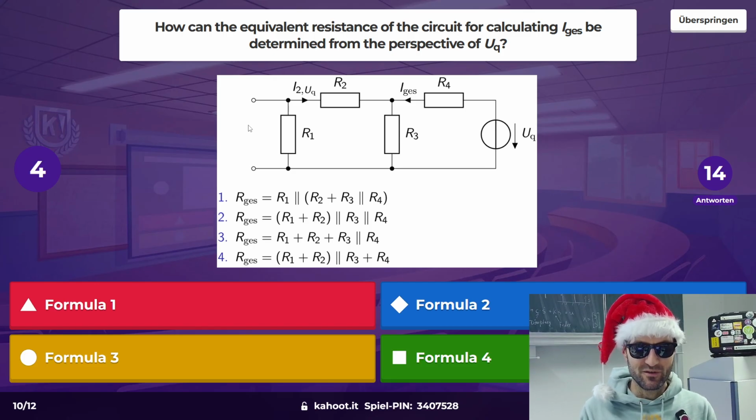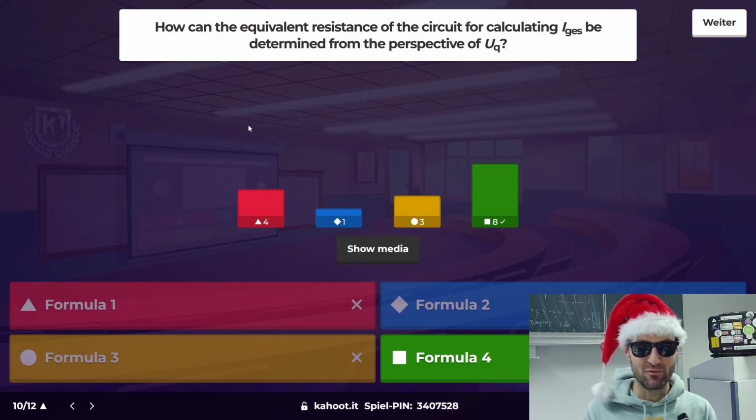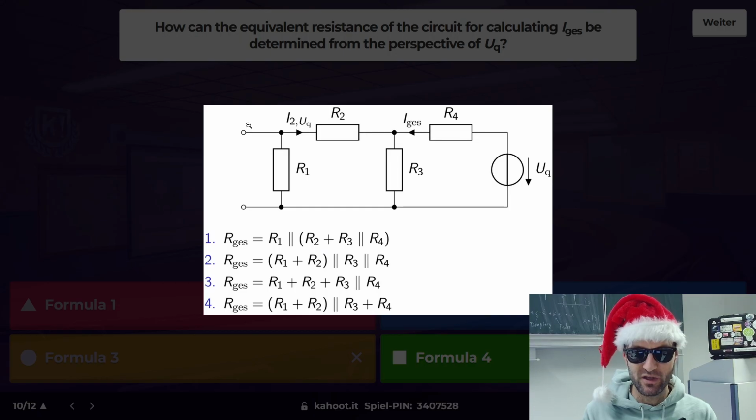And all these equations always contain, of course, all the four resistors, but just with different combinations of parallel and series connections. And I mean, we can once again check. If we are looking from this source, we have this resistor R4 that is in series to everything else. And then these two, if we have an open circuit here, these two are in series.